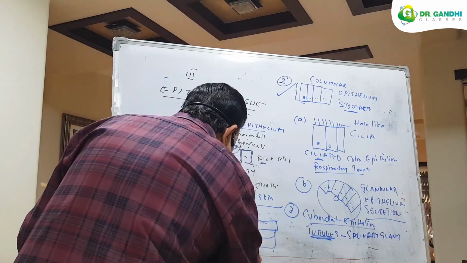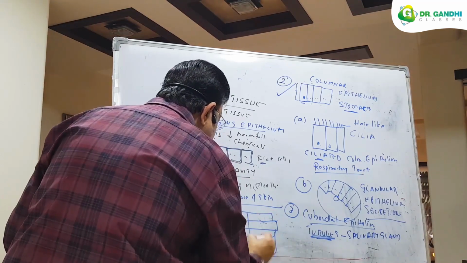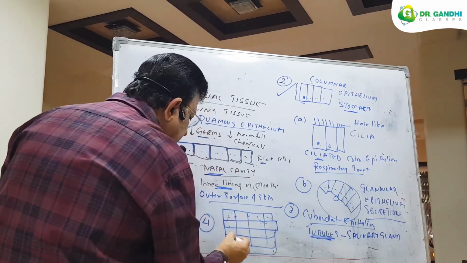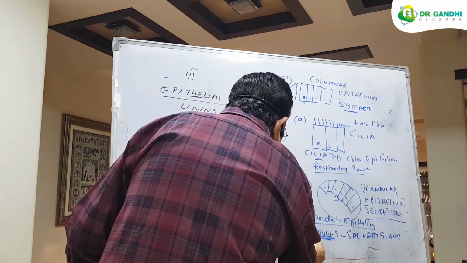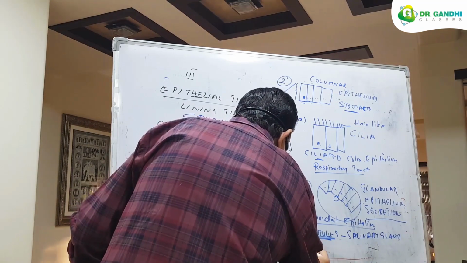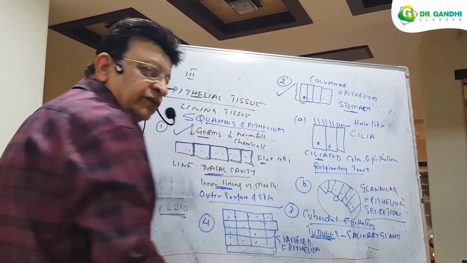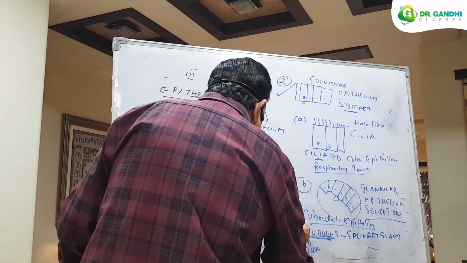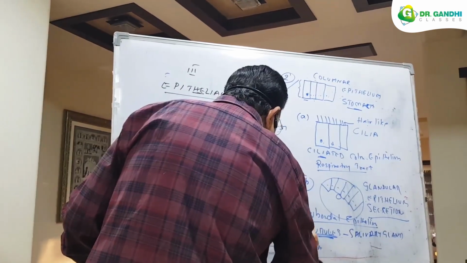So you can see multiple layers of cells, one layer below the other, called stratified epithelium, one strata below the other. It is found on the outer surface of skin. It makes the upper layer of the skin.